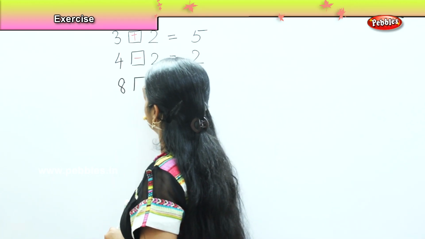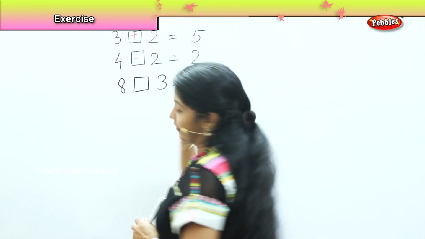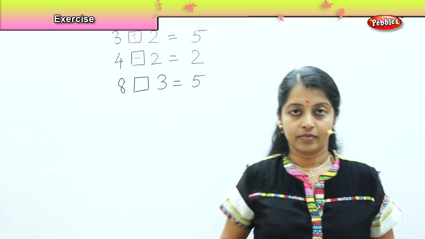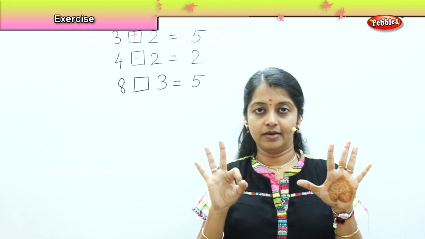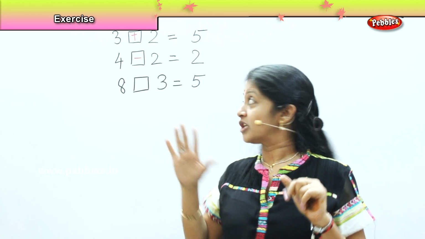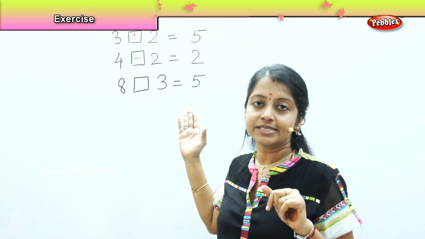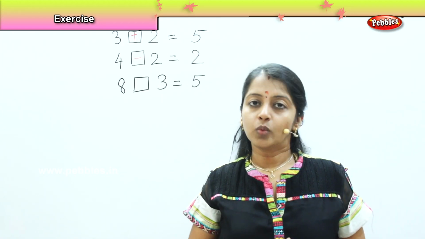8, 3, 5. Okay. Now, I will keep 8 fingers in my hand. Say if I add 3, 9, 10, 11. What is my answer given? It is given as 5. So, which means that my addition will not work out here.